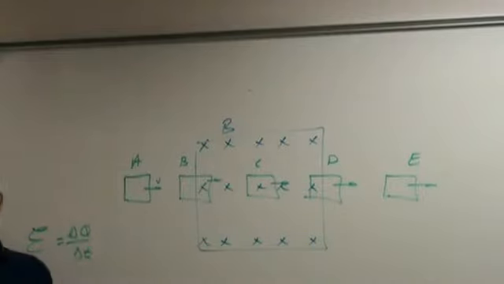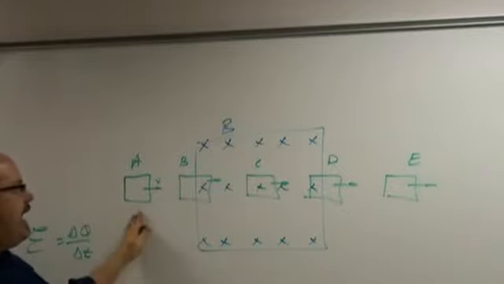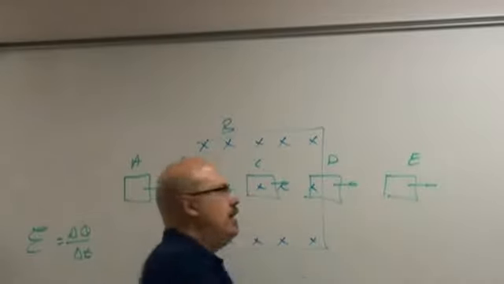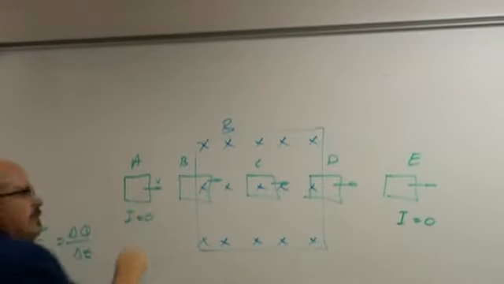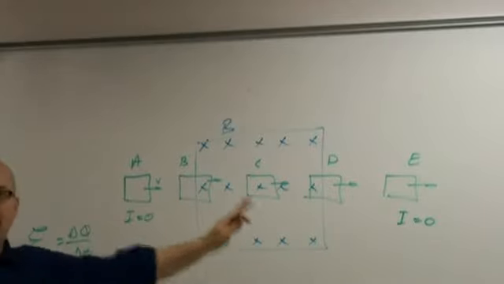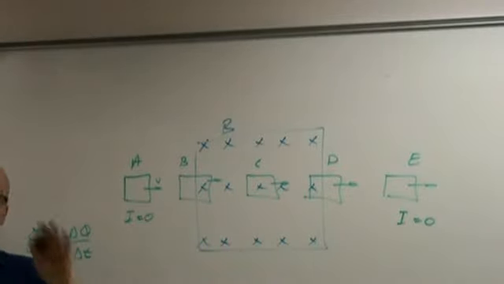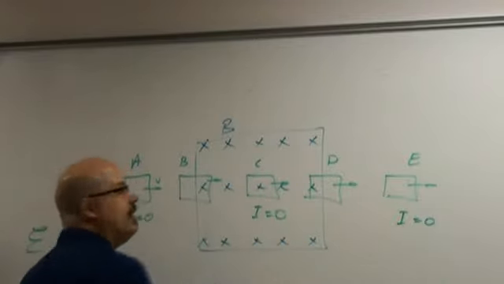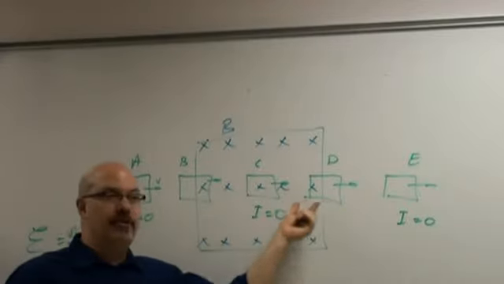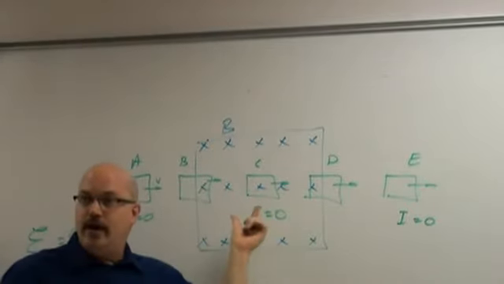So first of all, which ones can't be correct right off the bat? A and E, no current. Current equals 0 because there's no flux. Of the three remaining, which ones don't have a change in flux? C. Current equals 0 because the flux is staying constant as I move through here, right?